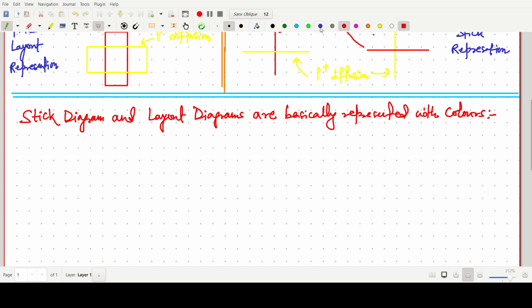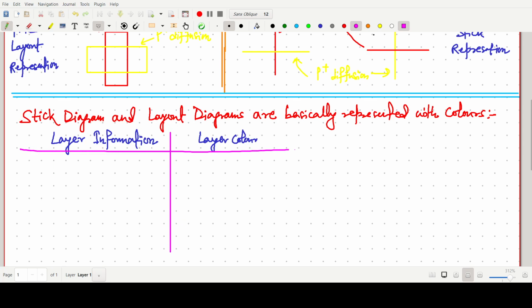So I am writing here: layer information, and here the layer color, or layer representation we can say. So now I'm just making one line over that.